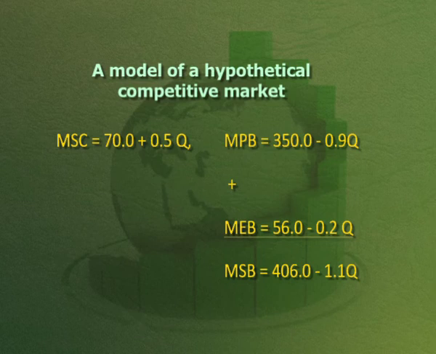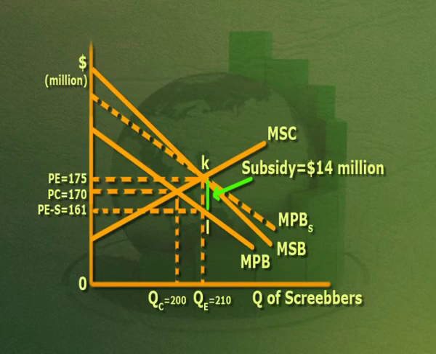MEB is equal to 56.0 minus 0.2Q, which gives MSB equal to 406.0 minus 1.1Q, where Q is the number of scrubber systems produced in a year, and MSC, MPB and MEB are denominated in millions of dollars. For simplicity, it is assumed that there is no marginal external cost, MEC, so that MPC is equal to MSC. This can be explained with the corresponding diagram.